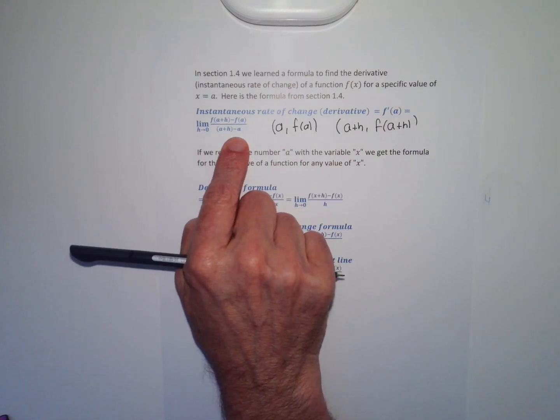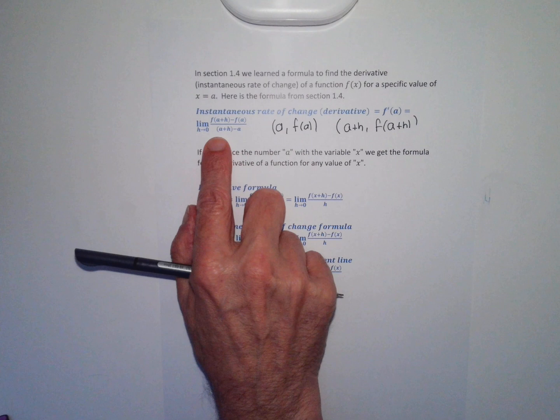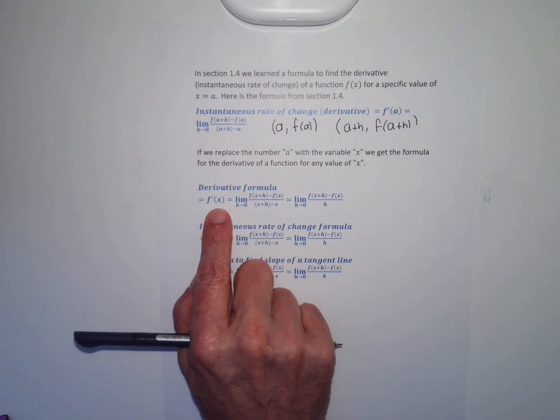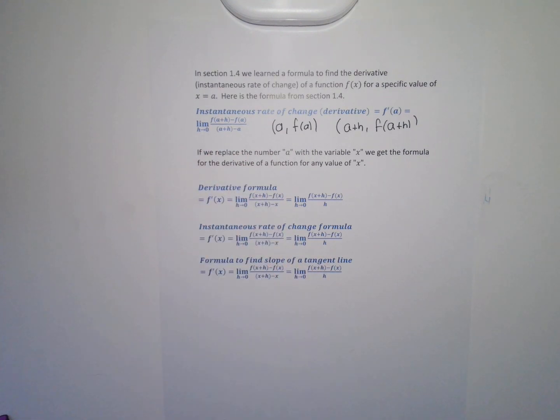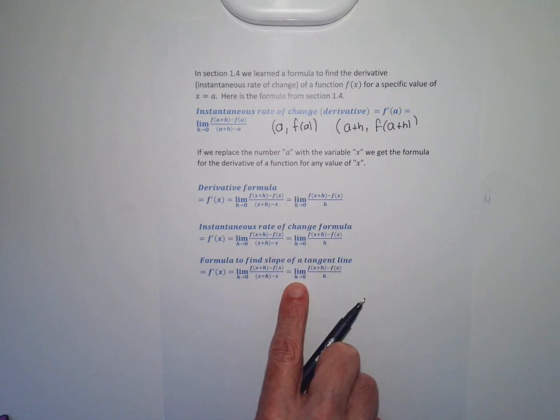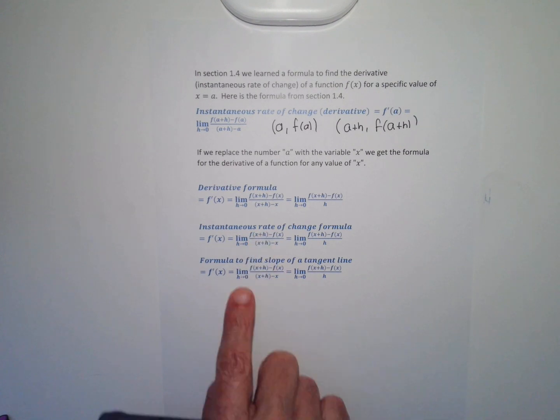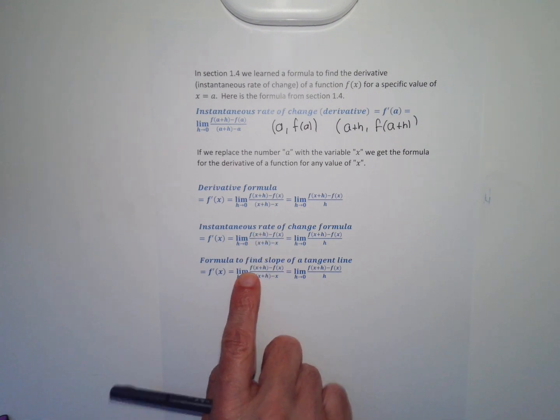In this section, we're going to do exactly the same thing, except instead of putting a number in for a, we're going to keep the a as the letter x. And that is going to give us a lot more power, but cause a lot more grunge to get there. So this formula with the a replaced by x is the derivative formula, the formula for the instantaneous rate of change, the formula to find the slope of a tangent line.